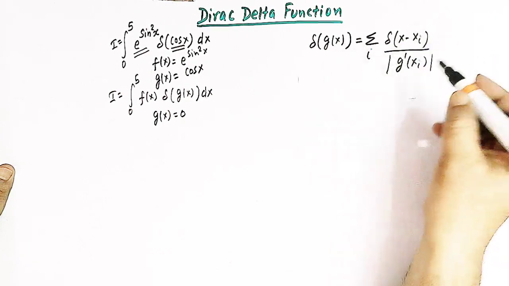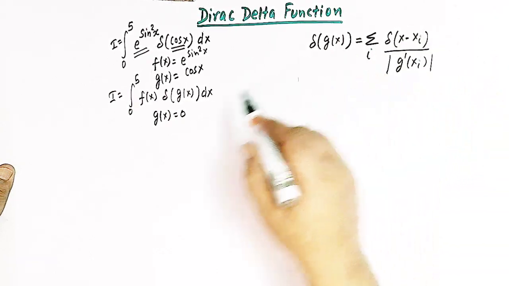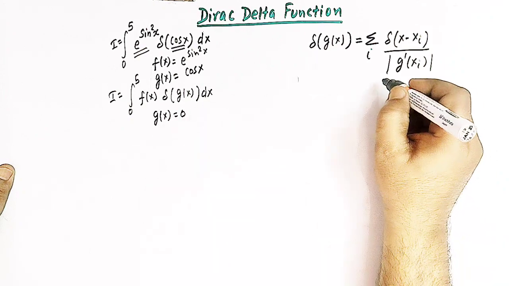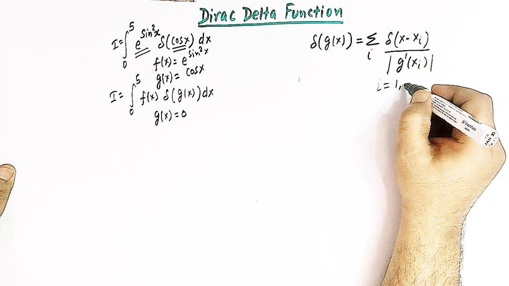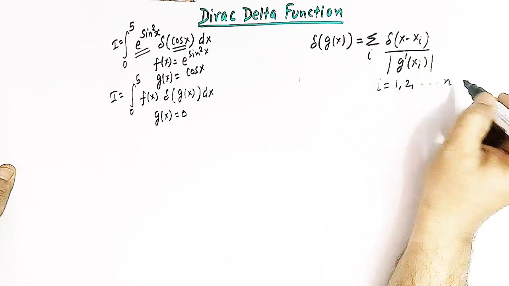If we have n roots of this equation, then i varies from 1 up to n.